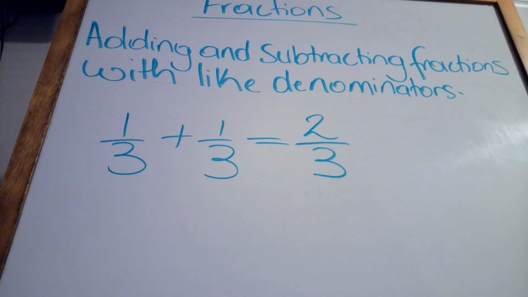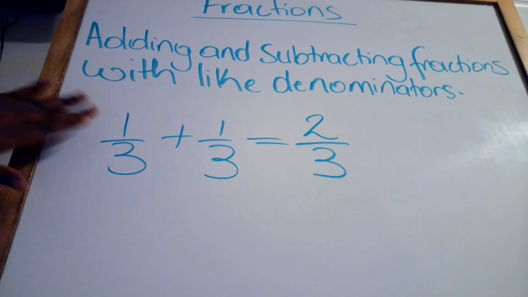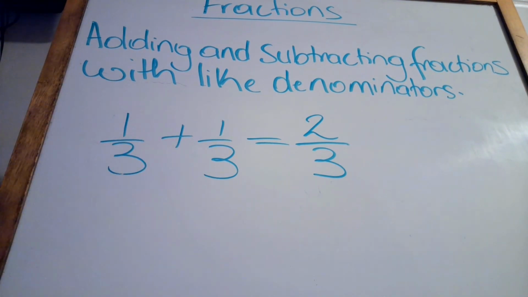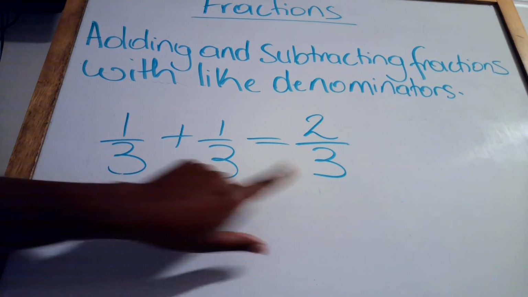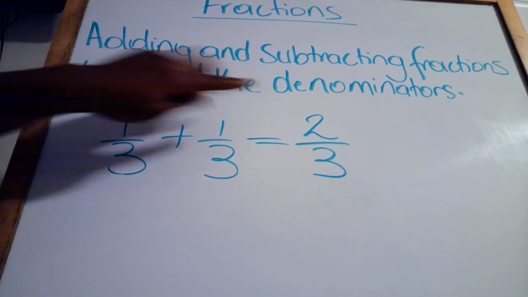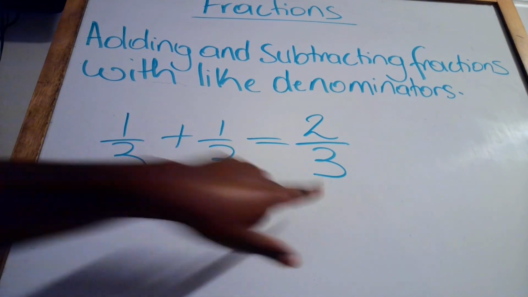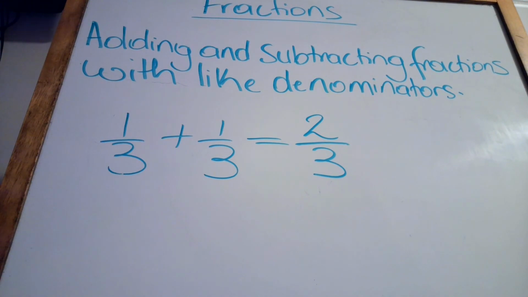So what I'm saying again, once the denominators are the same, the bottom numbers are the same, when you're adding and subtracting, and that is only when you're adding and subtracting, you write back the denominator and you carry out the operation with the numerator. So write back the 3, 1 plus 1 will give me 2. So 1/3 plus 1/3 gives me 2/3.